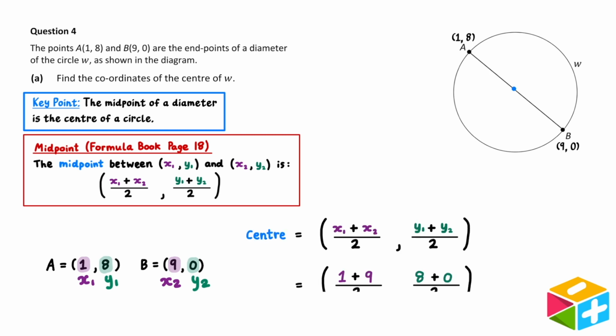Let's sub these values into our midpoint formula. 1 plus 9 is 10, so our x-coordinate is 10 over 2, which is 5. 8 plus 0 is 8, so the y-coordinate is 8 over 2, which is 4. So the coordinates for our centre are 5, 4.